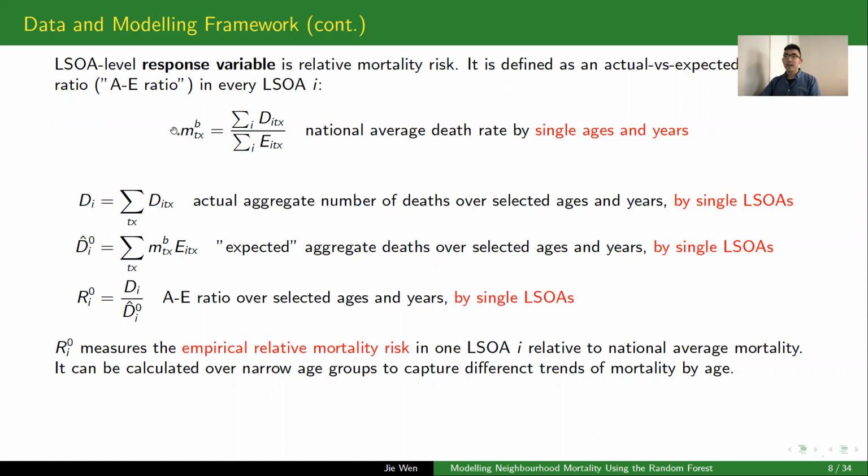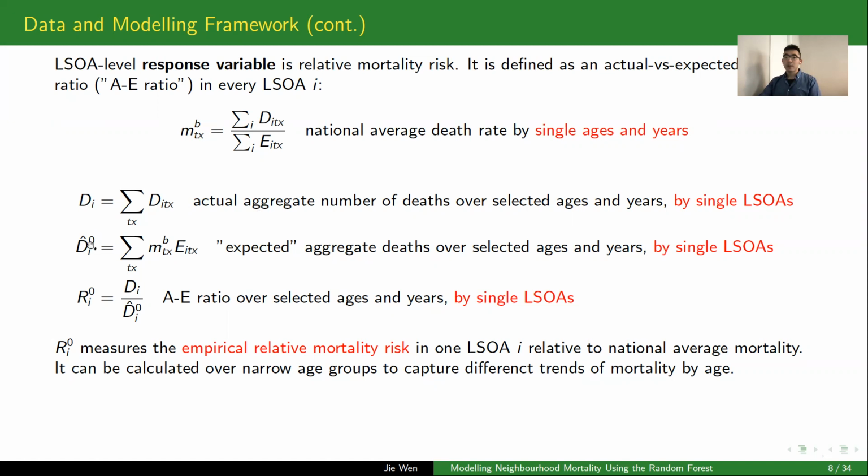Based on the national rates here, we do the following calculations. We calculate the total number of deaths D_i within one single RSOA that covers a group of ages and years, which is the sum over t and x for every single i.